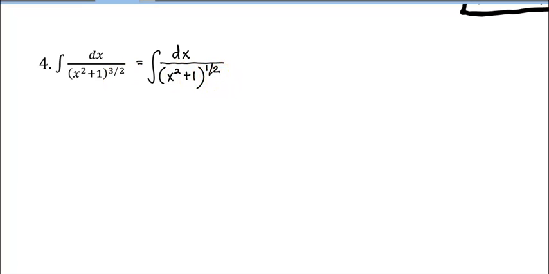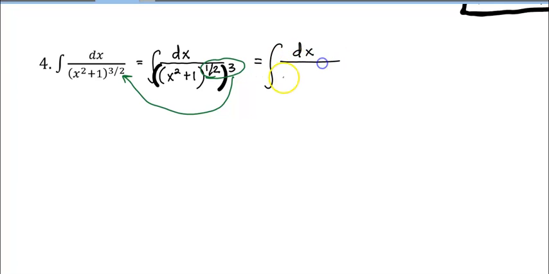But this was all really to the 3/2. So this is all then cubed, right? Because if you think about rules of exponents, we combine these by multiplying, and 1/2 times 3 is in fact 3/2. So I am allowed to break this up like that, just so you can see that we do have a radical expression in our integral. It's just written in a different way.